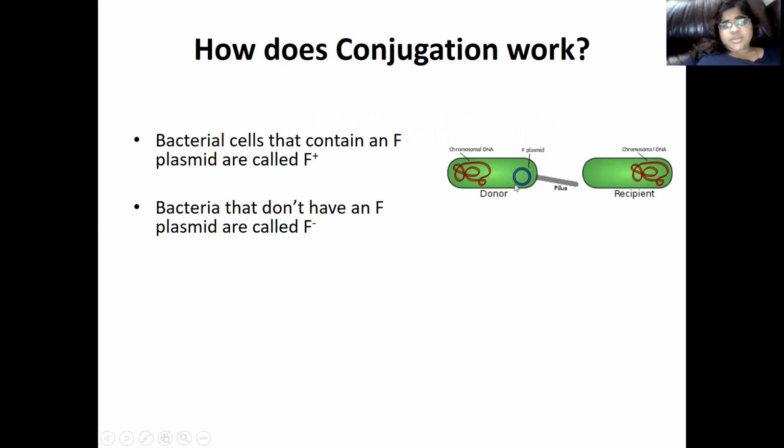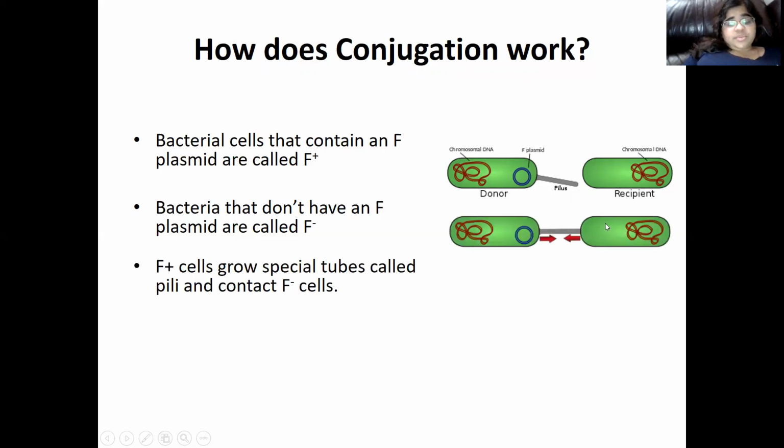So this guy here, we have an F plasmid, it's the donor. Then we have a recipient, which doesn't have the F plasmid. So it cannot do anything right now. And it's called the F negative or the recipient cell.